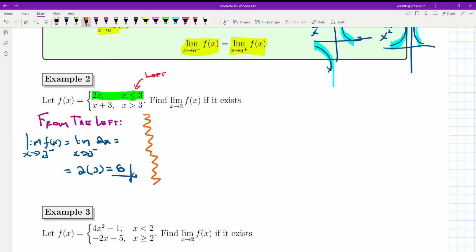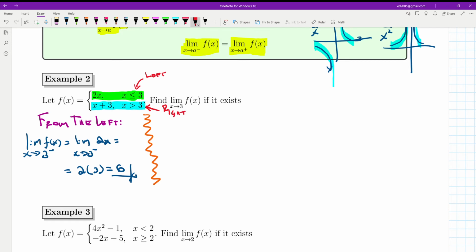Now we're going to do the same operation for the right limit. Notice x is going to 3 or bigger, that means to the right.